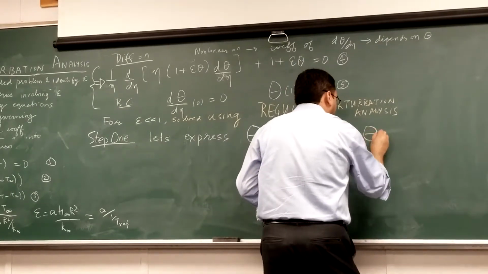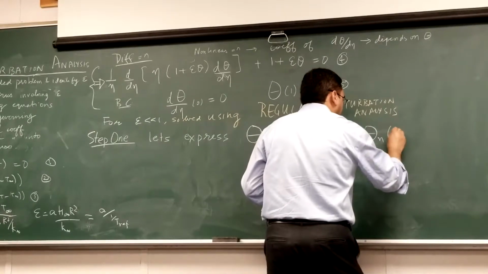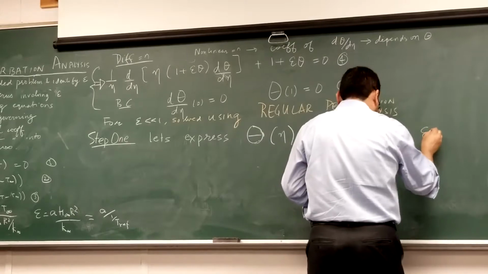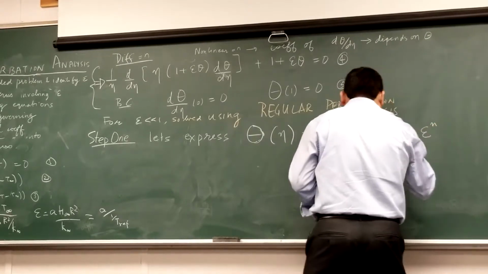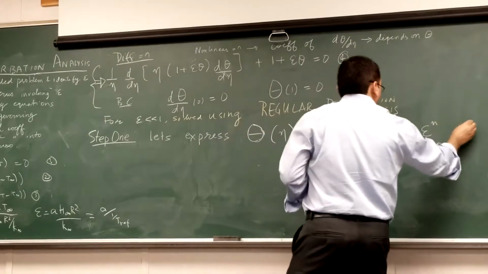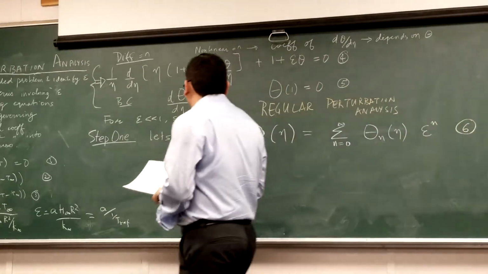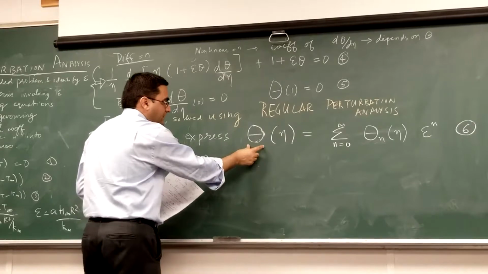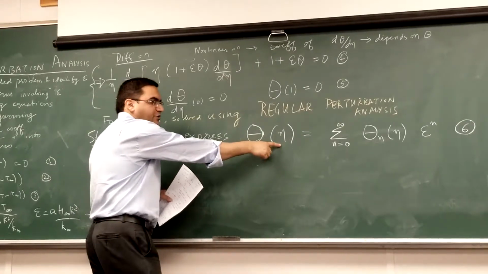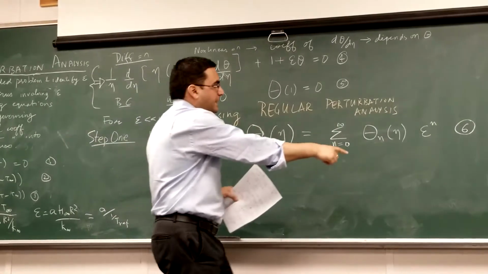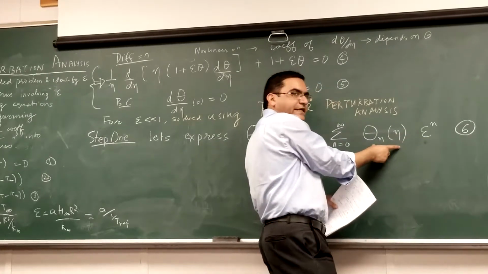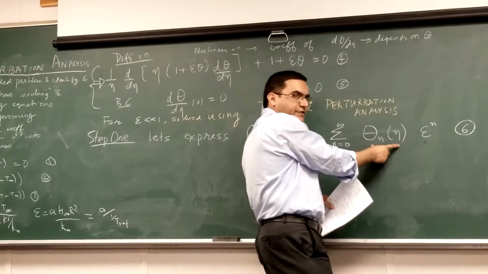So we end up with coefficients that depend on eta, whereas epsilon has powers of n. The dimensionless temperature depends on the radial variable. Epsilon itself does not depend on the radial variable, so all the radial variation is captured by the coefficients.